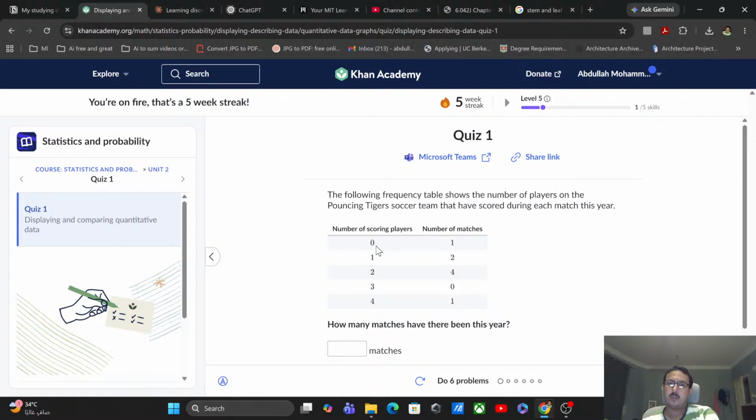So I got 0 players scored in 1 match, only 1 match. And 1 player scored in 2 matches, and 2 players scored in 4 matches, and 3 players scored in 0 matches, and 4 scored in 1 match.